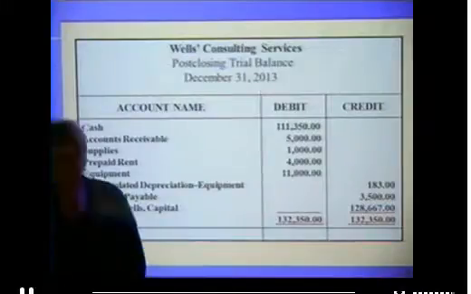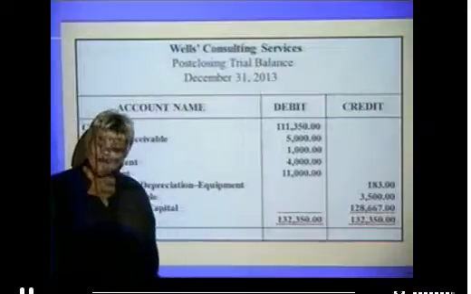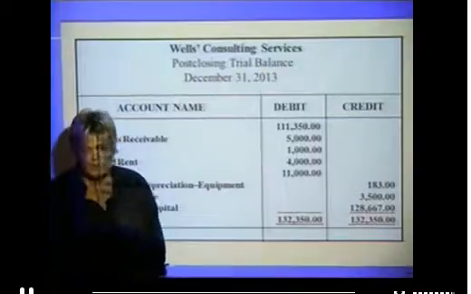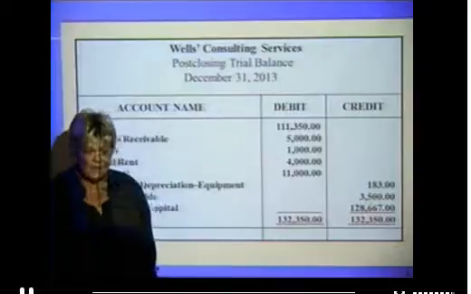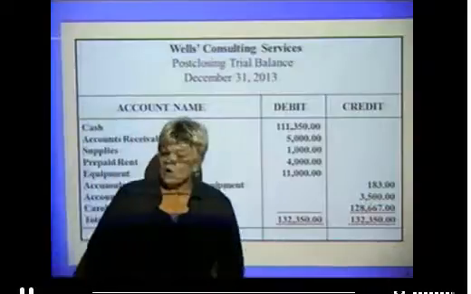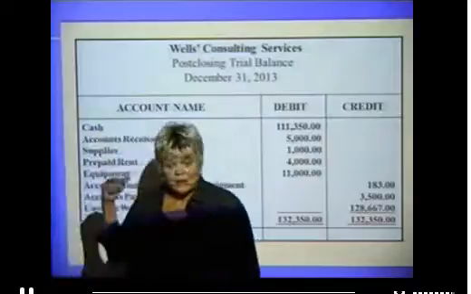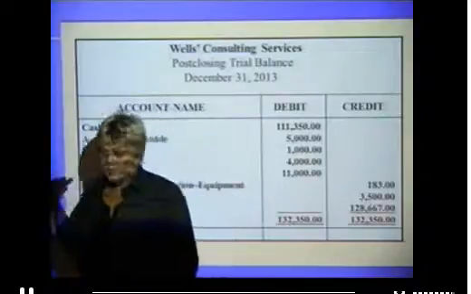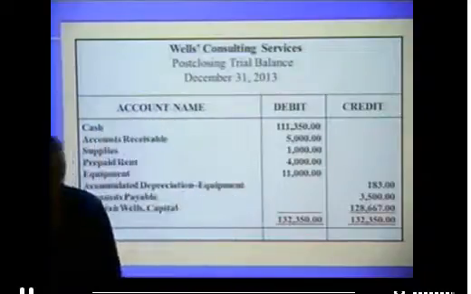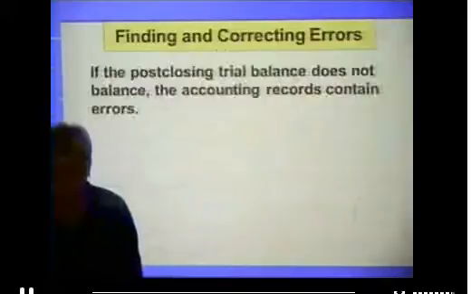You just go back to your ledger accounts, look and see what the balances are, and at that point you can be sure that your temporary accounts are closed, because they should have zero balances and would not need to be included in your post-closing trial balance.